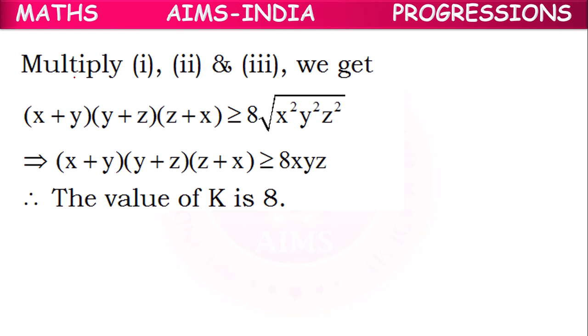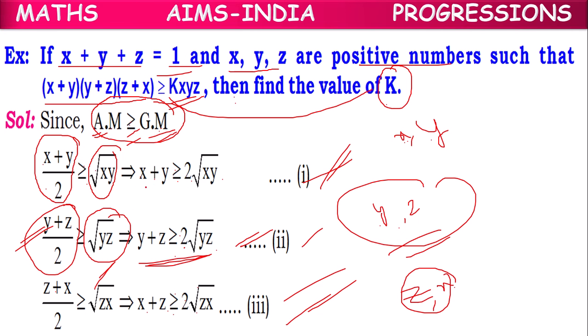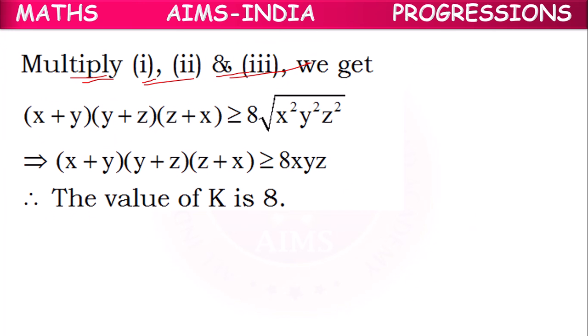And if you multiply these 3 equations, (x plus y) into (y plus z) into (x plus z) is greater than or equal to 2 into 2 into 2, 8, root of xy into root of yz into root of zx. Means it will become root of x square, y square, z square.